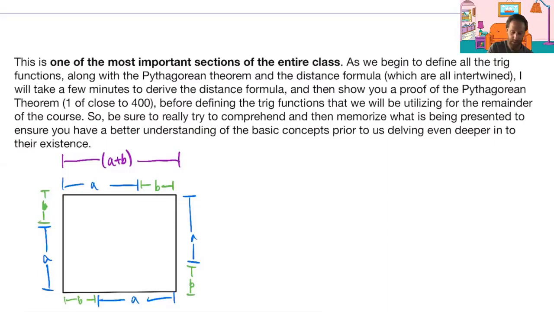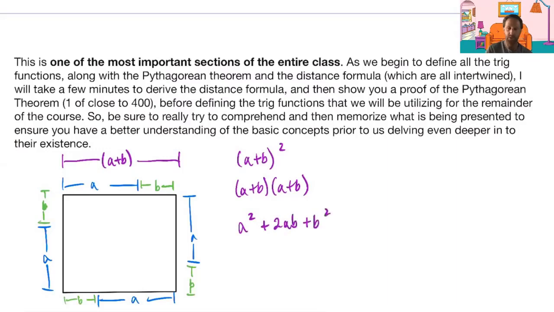So in this case, that would give us (A plus B) squared, or A plus B times A plus B. And if we FOIL or multiply this out, we get A squared plus AB, and then another AB to give us 2AB, plus B squared. So we know the entire area of this inside here is A squared plus 2AB plus B squared total.